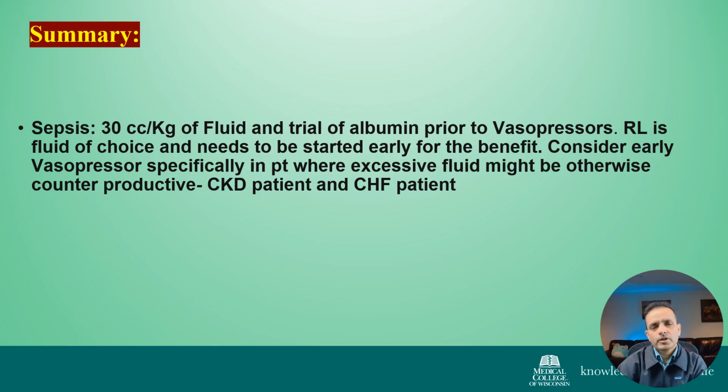Though 30 cc per kilogram is not an ideal yardstick, it still gives us a good number to guide volume management, because fluid management has historically been the mainstay of sepsis management, in addition to antibiotics and source control.